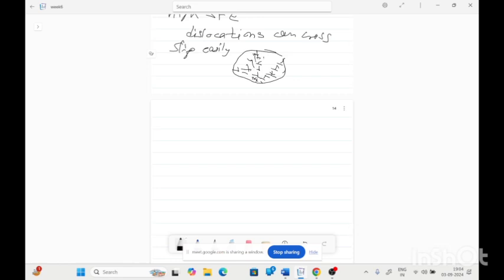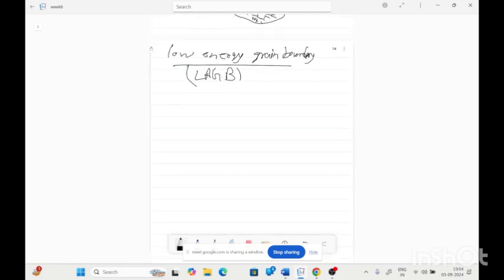If this rearrangement leads to low energy grain boundaries, then after the sub boundaries, those dislocation sub boundaries transform into low angle grain boundaries, LAGB.